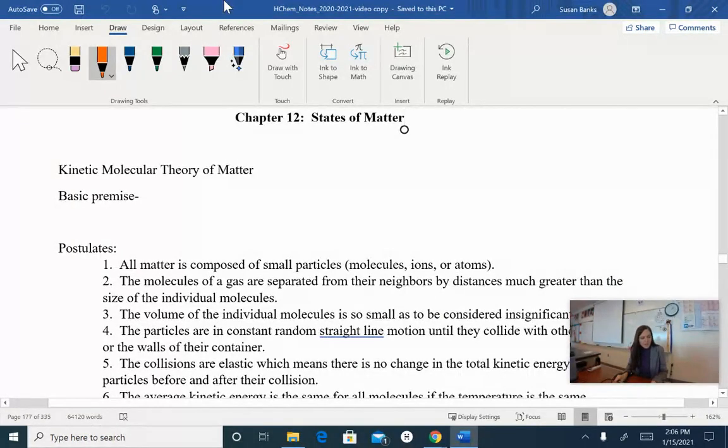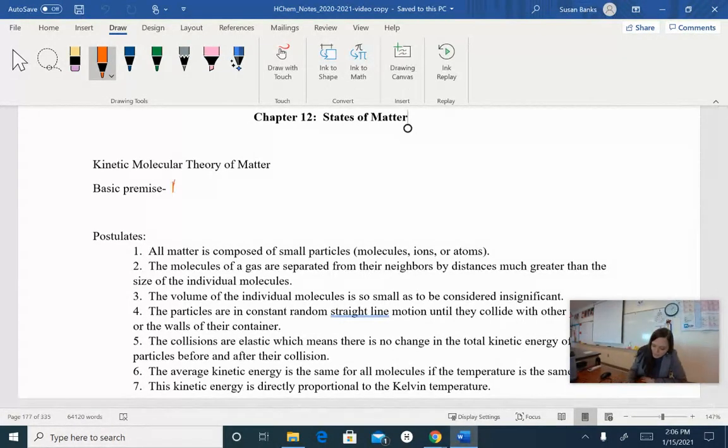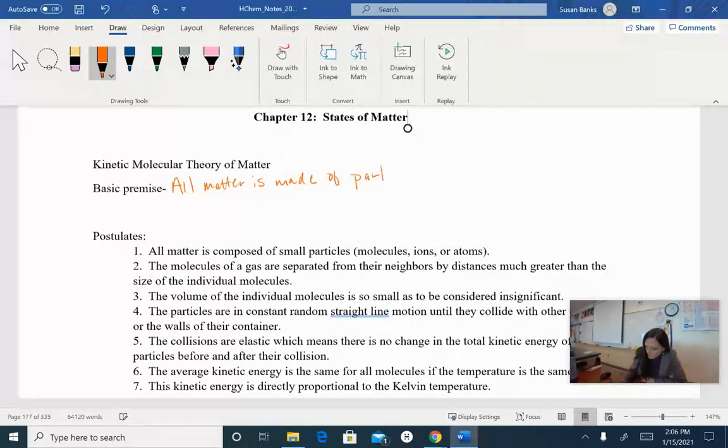Okay? So the kinetic molecular theory has a basic premise. And that basic premise is that all matter is made of particles that are in motion. All matter is made or consists of particles that are in motion.